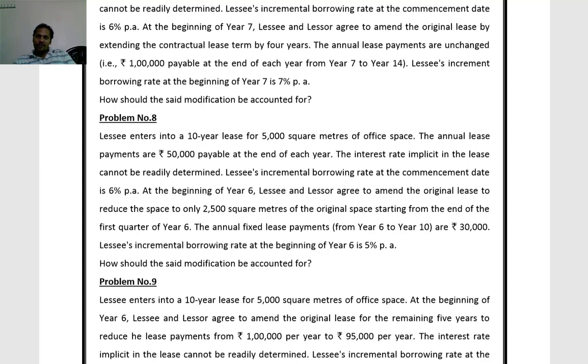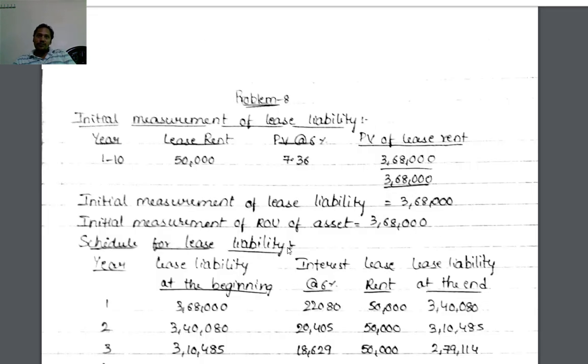Now the solution part. Initial measurement of lease liability. 4 columns we are taking: year, lease rent, present value factor at 6%, present value of lease rent. 1 to 10 years, lease rent 50,000.